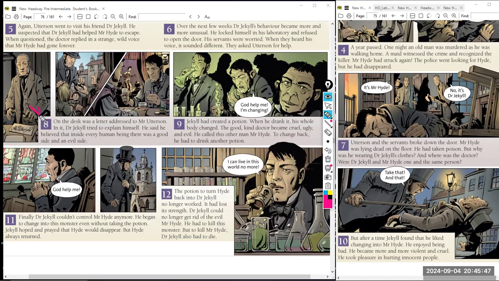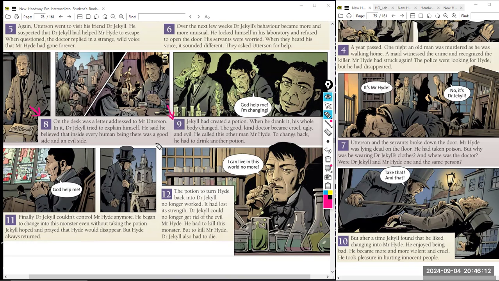Eight. On the desk was a letter addressed to Mr. Utterson. In it, Dr. Jekyll tried to explain himself. He said he believed that inside every human being there was a good side and an evil side. Nine.